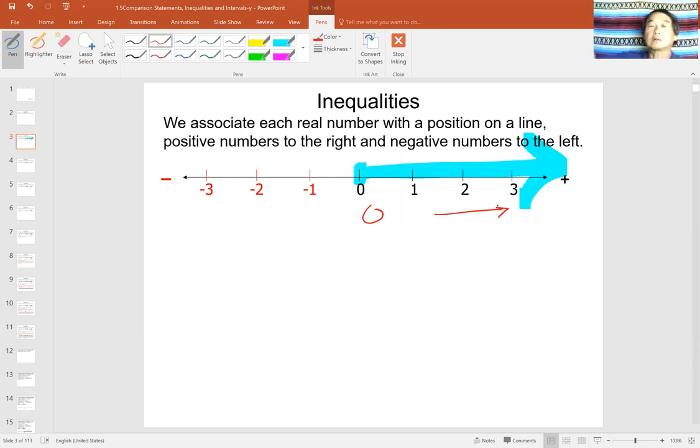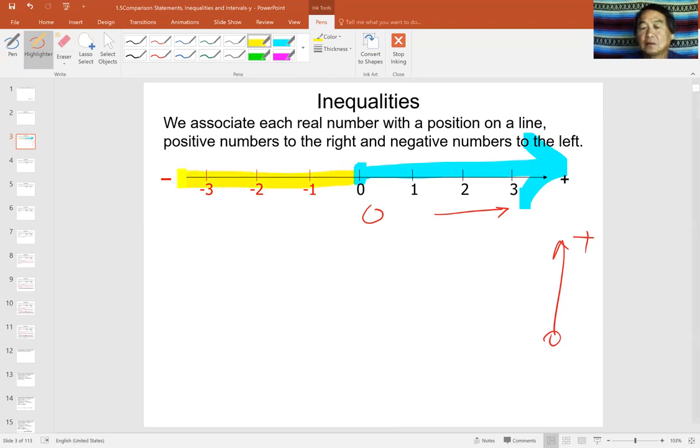The direction the ruler points is the positive direction. If I point upward, then going up is positive. Imagine an infinite ruler going on both sides, and this double-sided ruler is the real line.